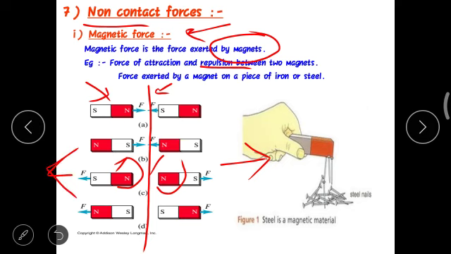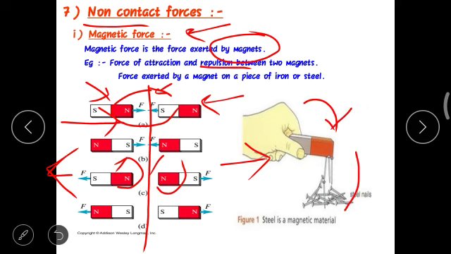If there are unlike poles, north and south poles, it will always be an attractive force. So this is a magnetic force. Due to this magnetic force, that nail will start moving towards the magnet.